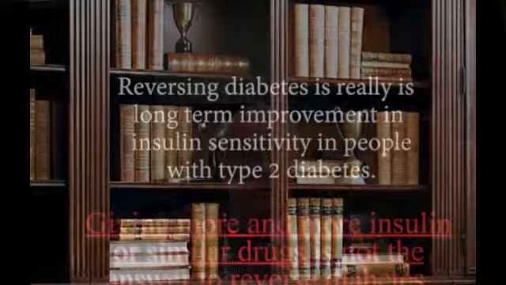Reversing diabetes is really a long-term improvement in insulin sensitivity in people with type 2 diabetes. Giving more and more insulin or similar drugs is not the answer to reverse diabetes.